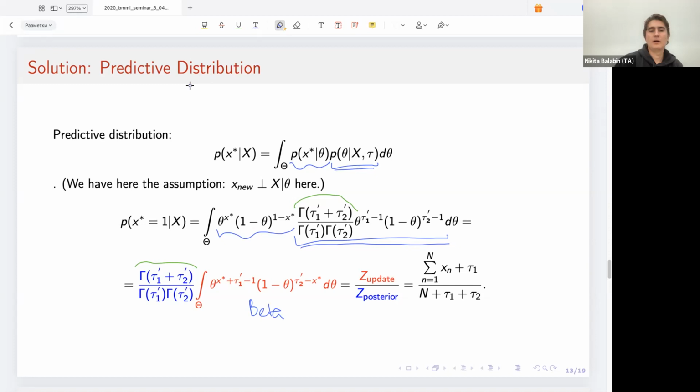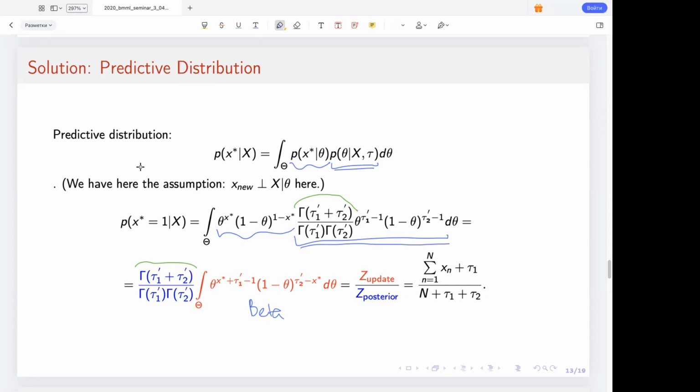Okay. And how is the last equality obtained? How do we go from this normalizing constant to this ratio with n, xn, tau? In the last line?